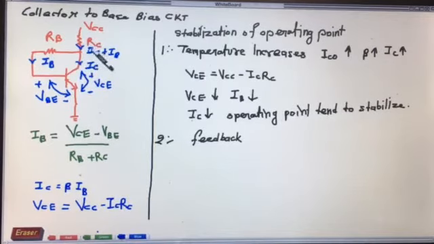If RC increases, then VBE will decrease, so IC will also decrease. So this feedback will decrease the change in operating point.